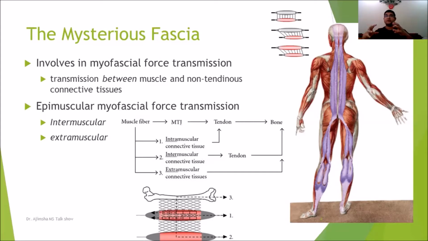The fascial continuum is essential for transmitting the muscle force and is referred to as myofascial force transmission. As the name indicates, myofascial force transmission considers transmission between muscles and non-tendinous connective tissue, or fascia, that is feasible in either direction.